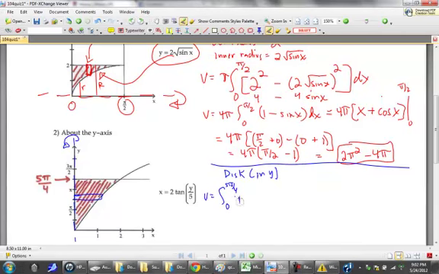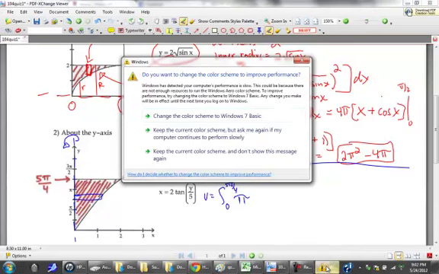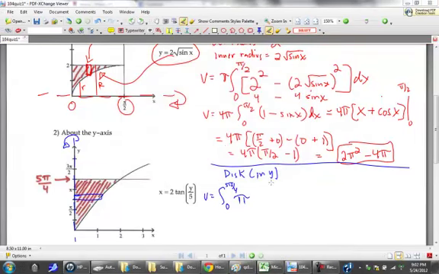There's a pi. We'll leave the pi there. And then a radius. What's the radius? The radius is the distance. Basically, it's going to be this distance here, which represents the length of this rectangle. That's the distance off of the y-axis.